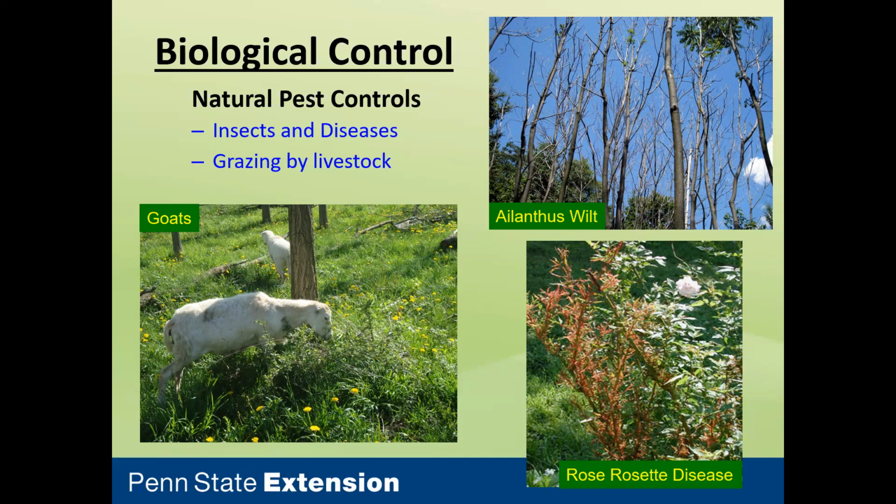And then a lot of folks think the goats are the answer, as a biological control method. It's a neat opportunity, but I found that, number one, it's very expensive to move goats into an area and to fence areas, and they're not real selective grazers. They're going to eat both your native and your non-native plants. And when you move the goats out of those areas, those plants are going to respond and grow back.